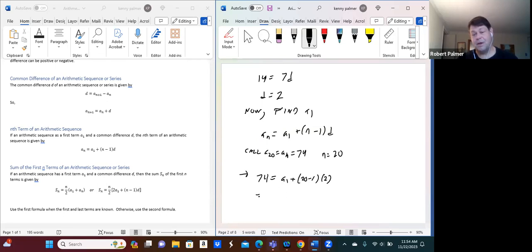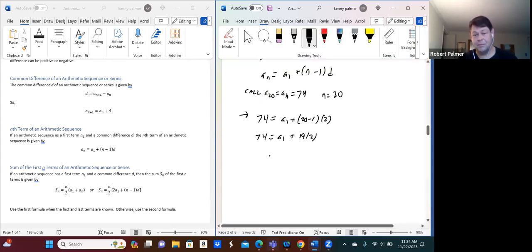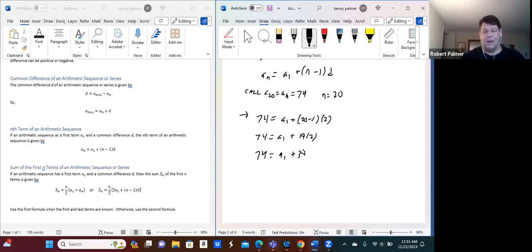Let's simplify: 74 is equal to A1 plus 19 times 2, which is 38. So A1 plus 38 is equal to 74. Subtract 38 from both sides, and that's going to be, I think, 36. Let's check your calculators.